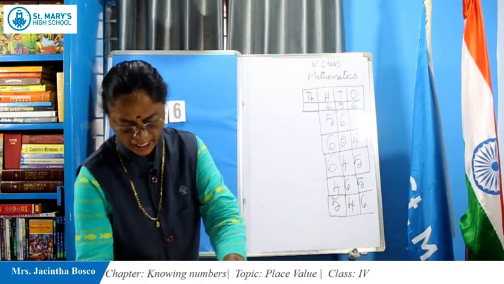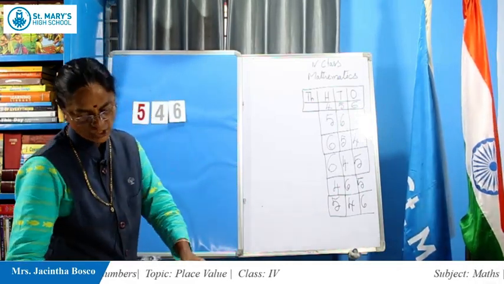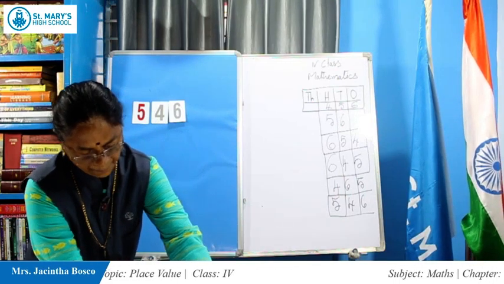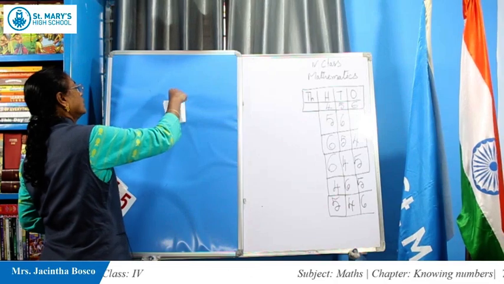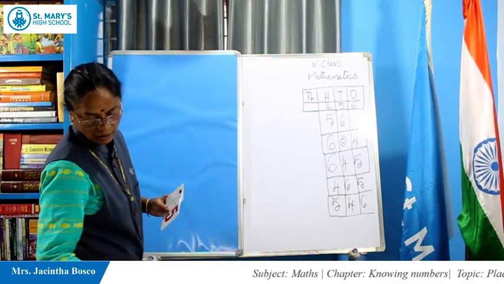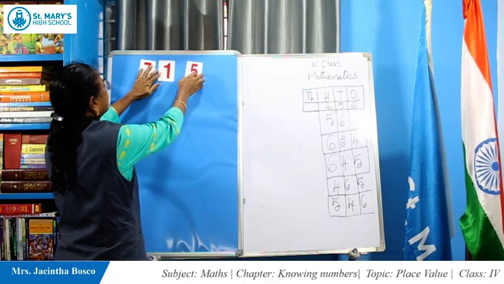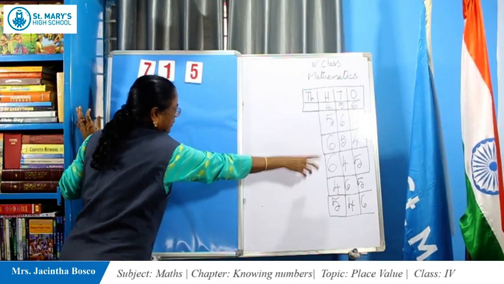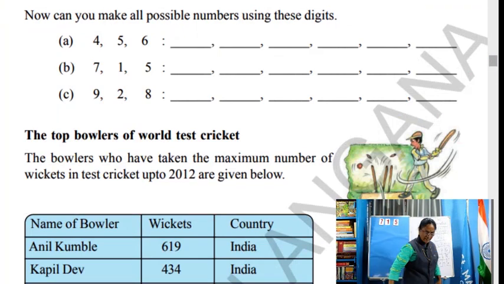Very good. Shall we go to the other number? In your textbook, the page number may be 42 or it may be 33. The first question is this, which I made now. One more question is here. They have given 7, 1, 5.